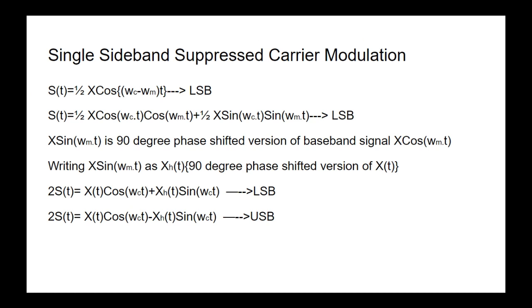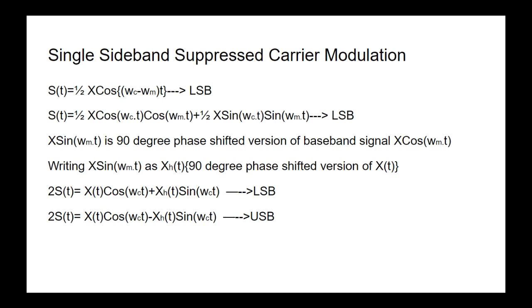So if we write x sin ω_m t as x_h(t), here h is the Hilbert transform. The Hilbert transform is a filter that is used to get a 90-degree phase shift of any signal. So we can rewrite our single sideband suppressed carrier modulated signal as 2s(t) = x(t) cos ω_c t plus x_h(t) sin ω_c t.